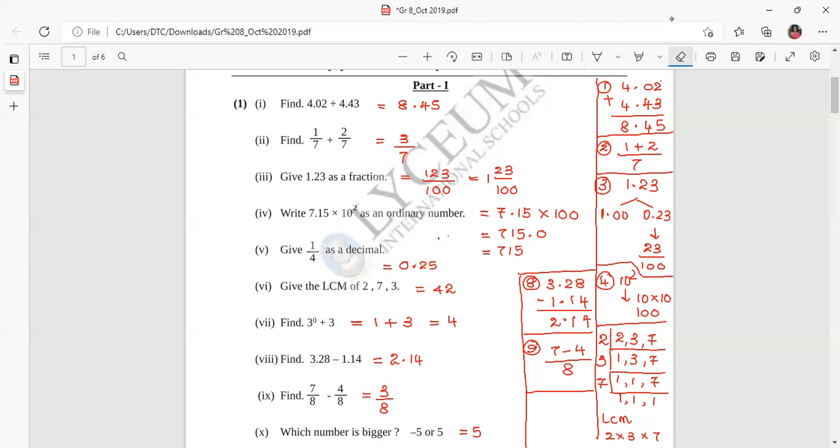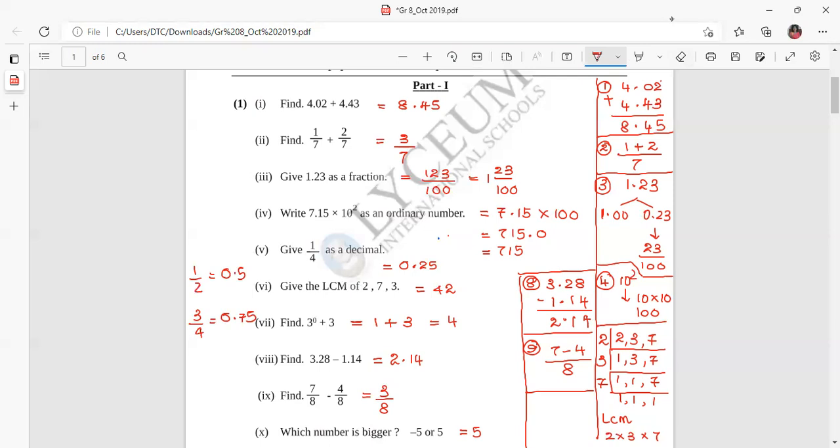So you should know the decimal values of these. I'm just writing this. 1/4 is 0.25, 1/2 is 0.5, and 3/4 is 0.75. So you should have this basic knowledge before the exam.